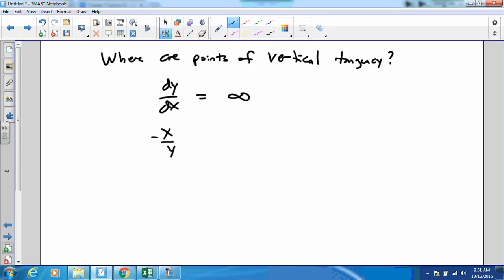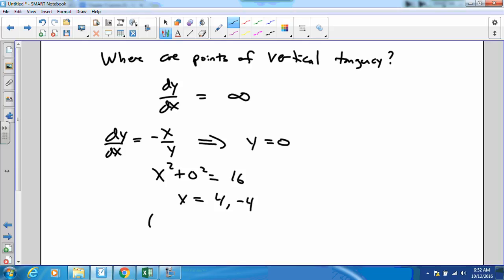But that's going to occur when y is equal to 0. But we can't be done there. We have to solve for the points. That's right. But we know how this is going to go. We're going to get two solutions.